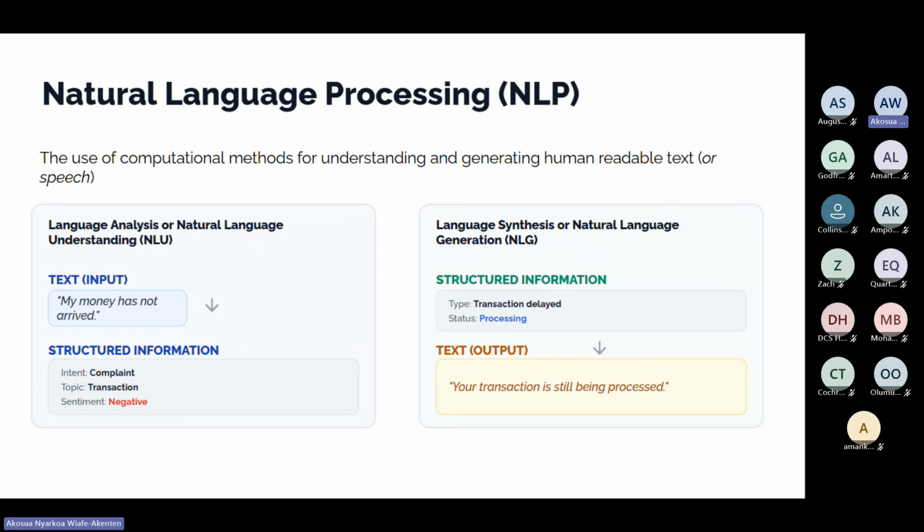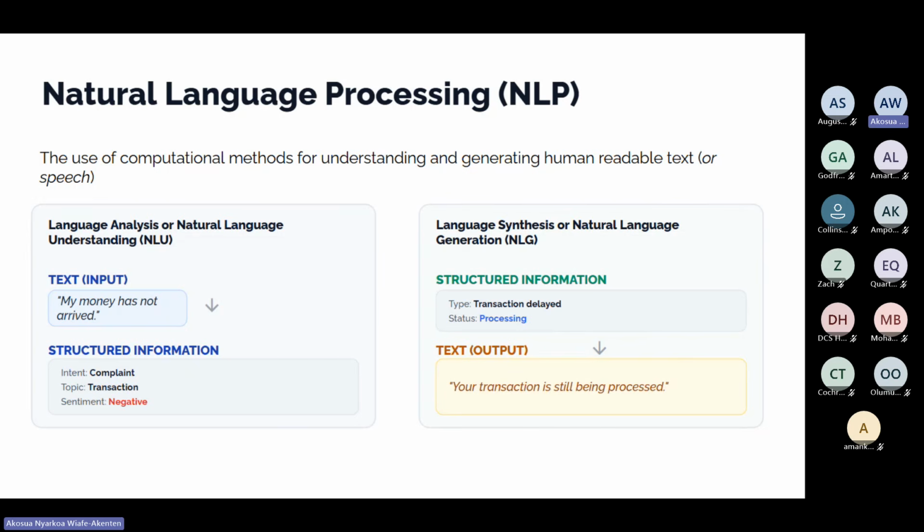So, for example, structured information such as type and status, right? The type is transaction delayed, and the status is processing. Then your NLP system or solution could output, your transaction is still being processed. At this point, we've gone from structured information to human language, which is very, very natural. Okay.